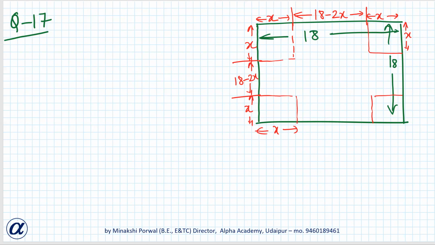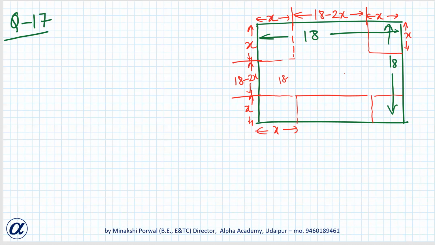Okay, now they are saying that what should be the side of square to be cut off so that the volume of box is maximum possible. So basically a box is made, okay, whose top is open. Now the base of the square box, what will its dimensions be? 18 minus 2x and 18 minus 2x, and the height will be x.